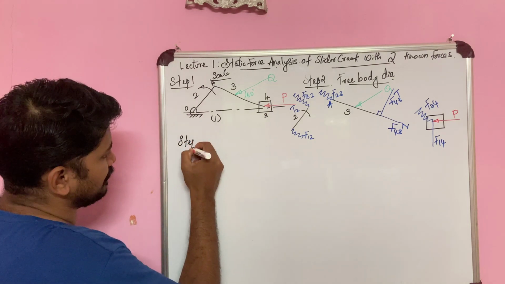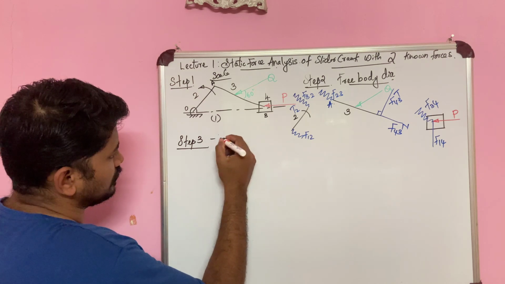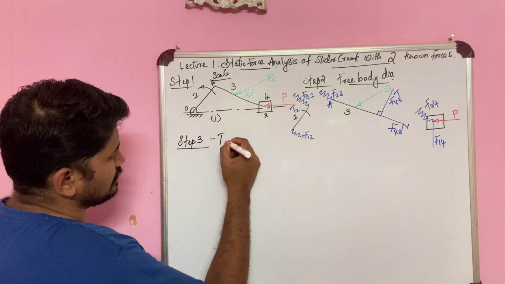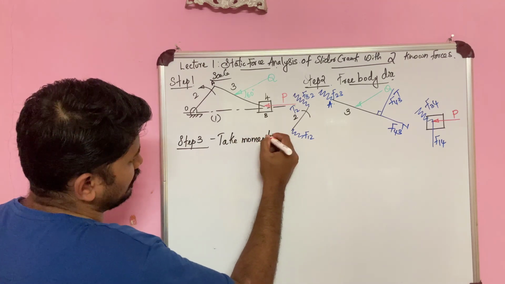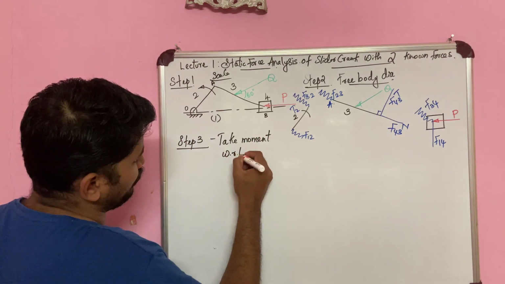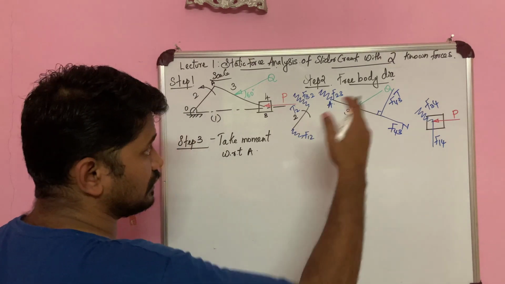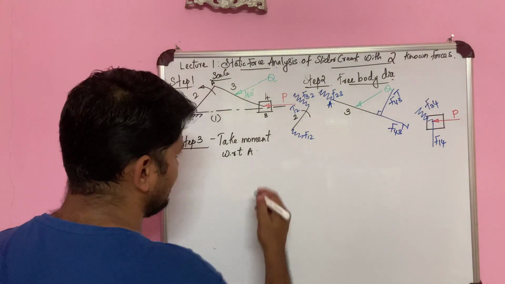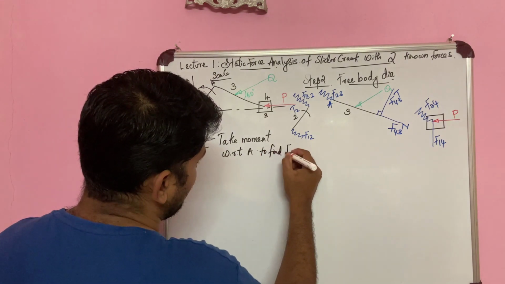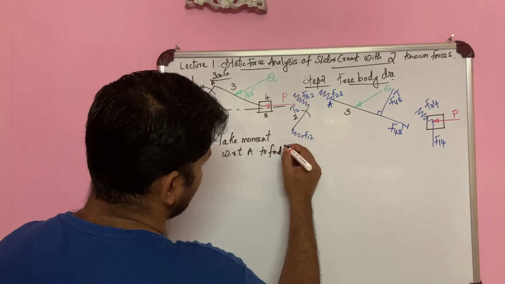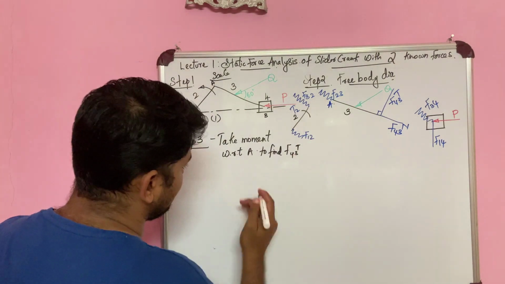Step 3 is to take moment with respect to A and find the value of F43T. To find F43T, let us see. Consider this link 3 over here.